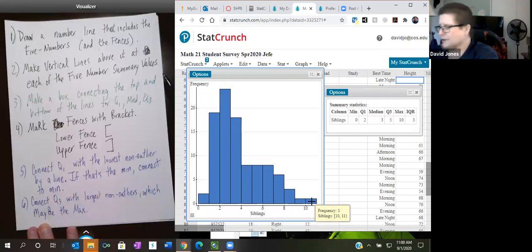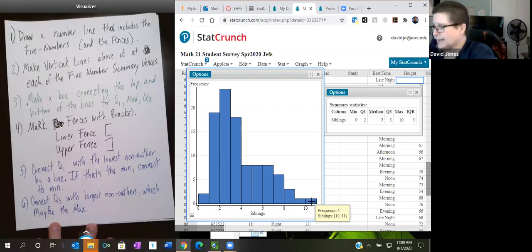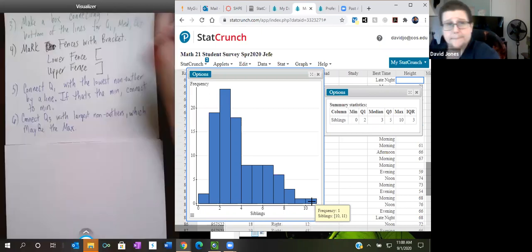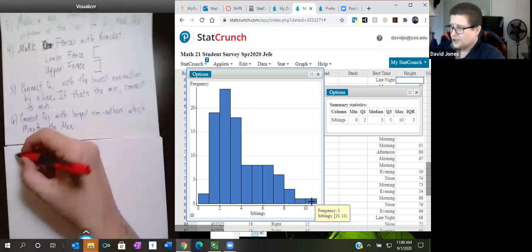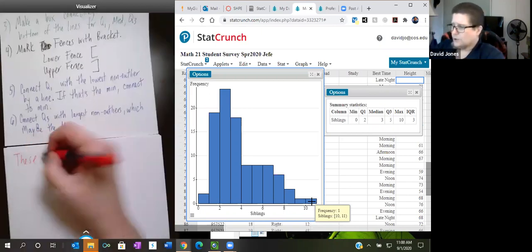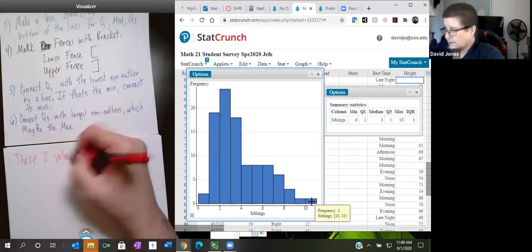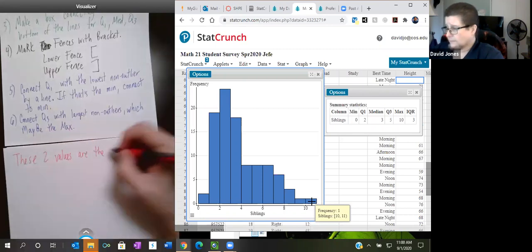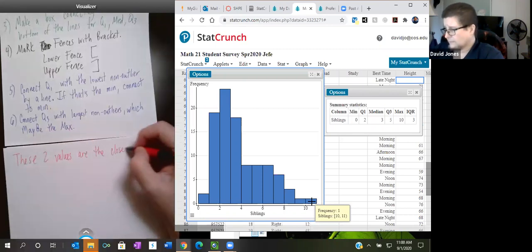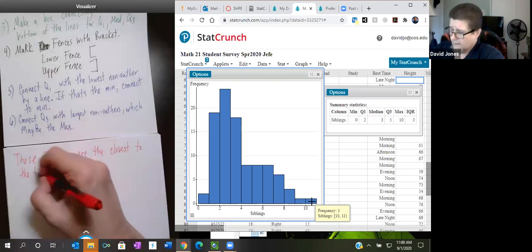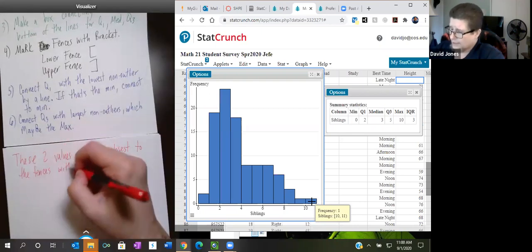So it's the value closest to the fence without being outside it, both of these.